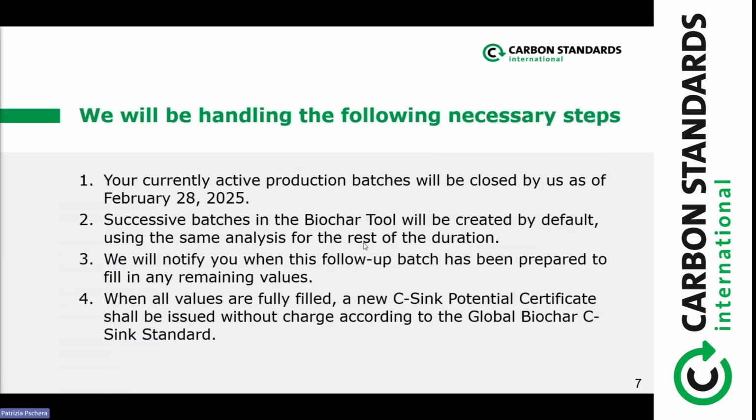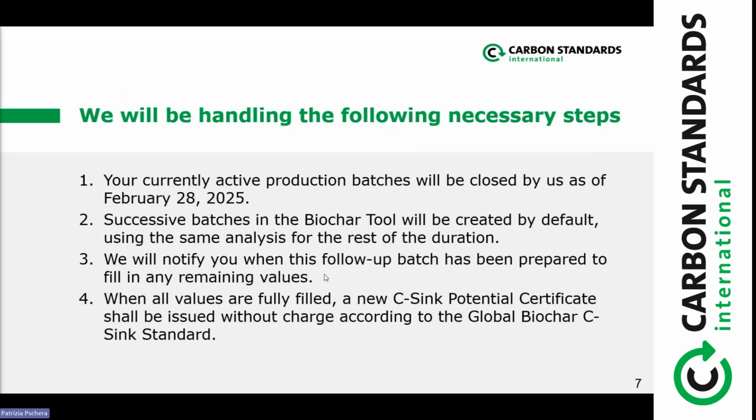So what we will do for you is to close the batches as of February 28, and even before the end of February, we will be opening new batches that will be valid as of the 1st of March for the rest of the runtime of the batch.